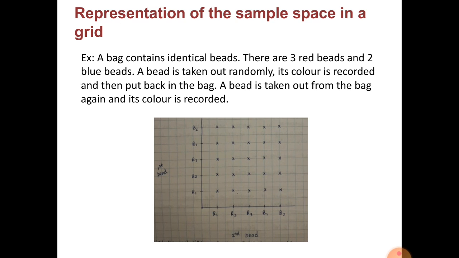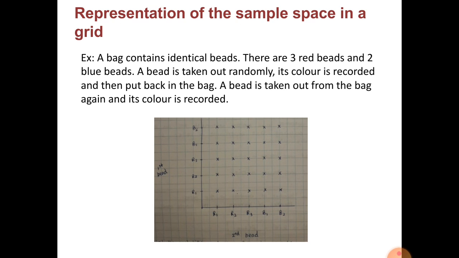By using the grid, you can write the answers for this one. Find the probability of the following events using the above grid. Both beads being red. If you look at the grid again, both beads being red means R1, R1, when you go from both sides, it will meet. Then R1, R2, R2, R1.